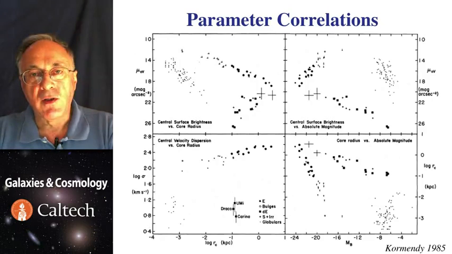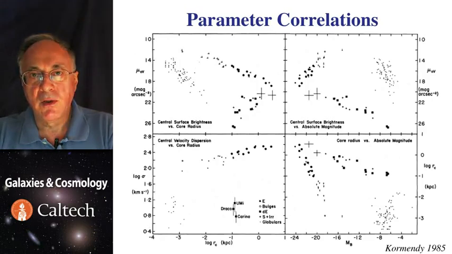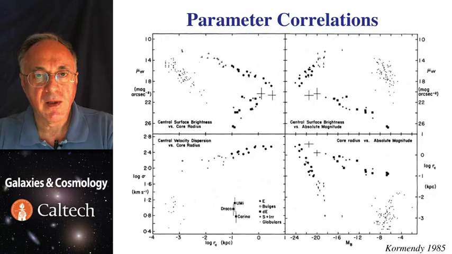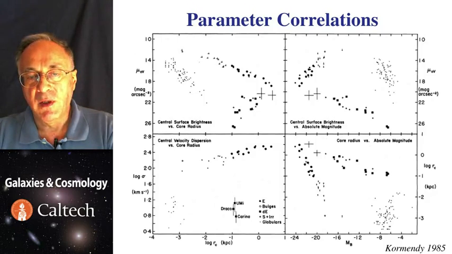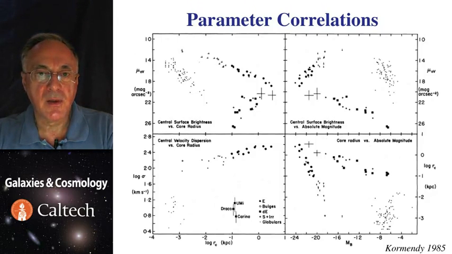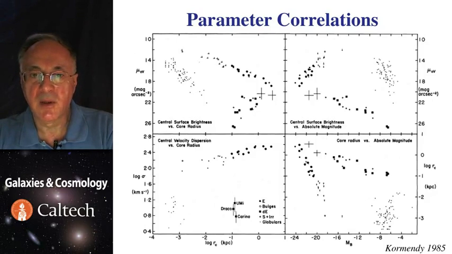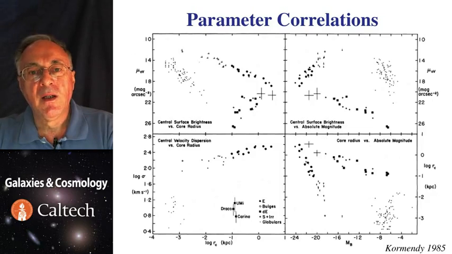So here is a set of correlations produced by John Carmody that shows some properties of elliptical galaxies, dwarf spheroidals, and globular clusters, which really don't belong in this diagram at all, but they're there just for symmetry's sake, as all stellar systems.